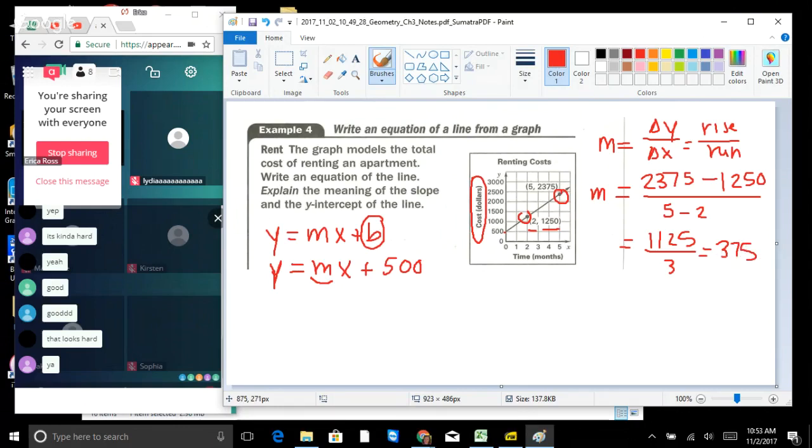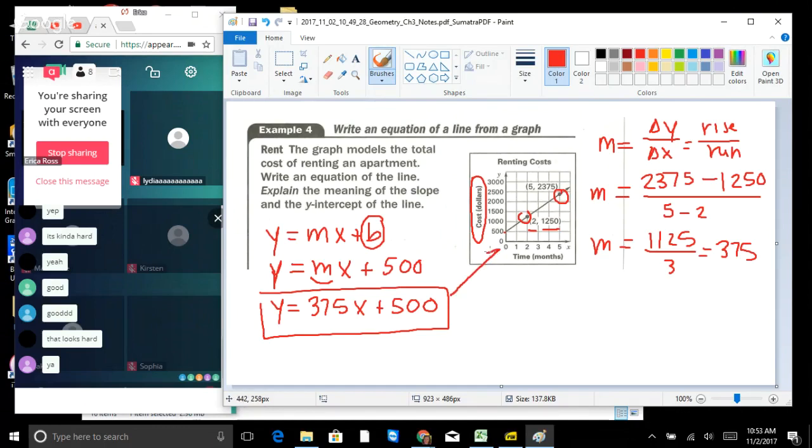So the slope of this line is 375. That's a big slope. So y equals 375x plus 500. This equation right here makes that model right there.